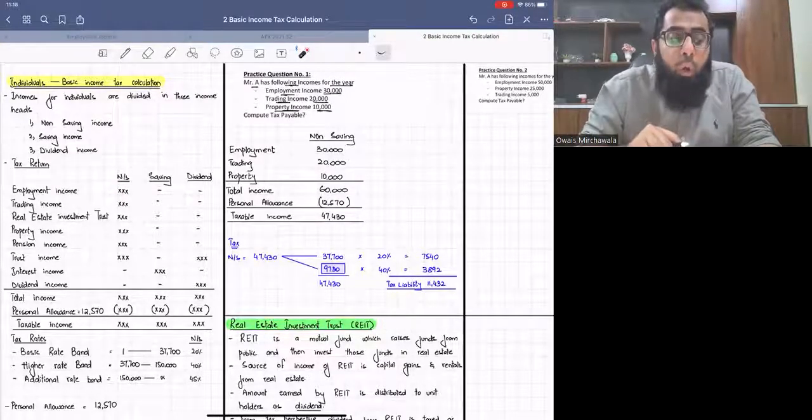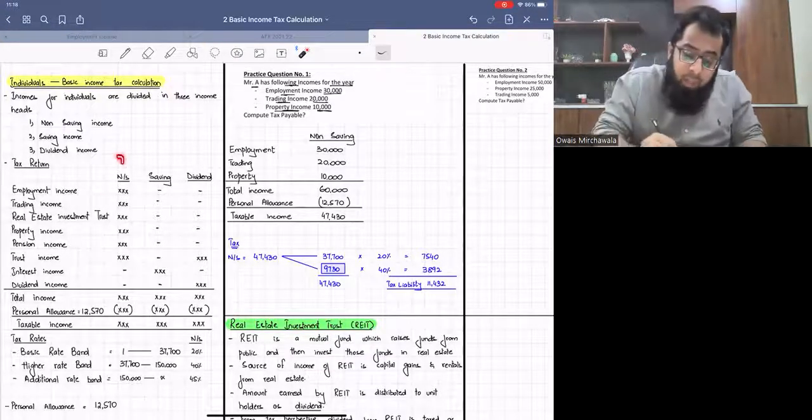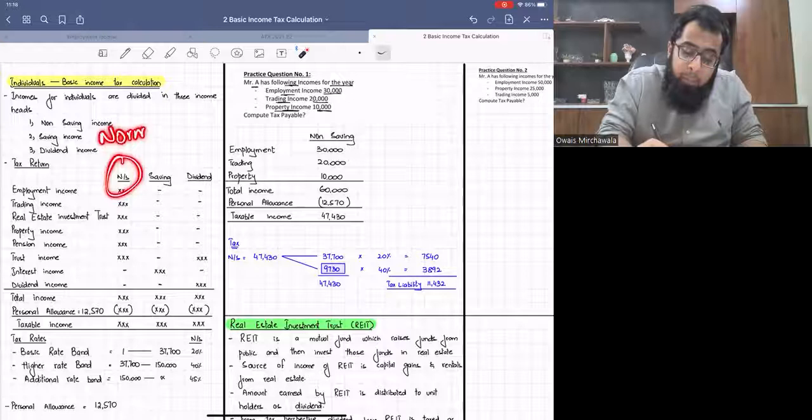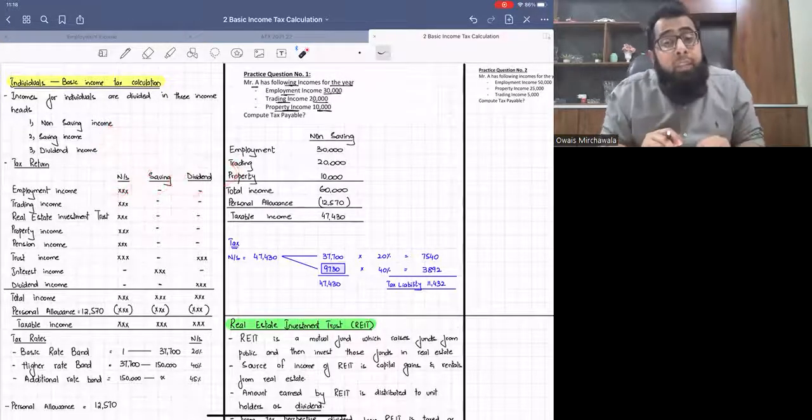Non-saving includes all incomes except interest and dividend. It is a normal head of income. Then there is saving, and then there is dividend.